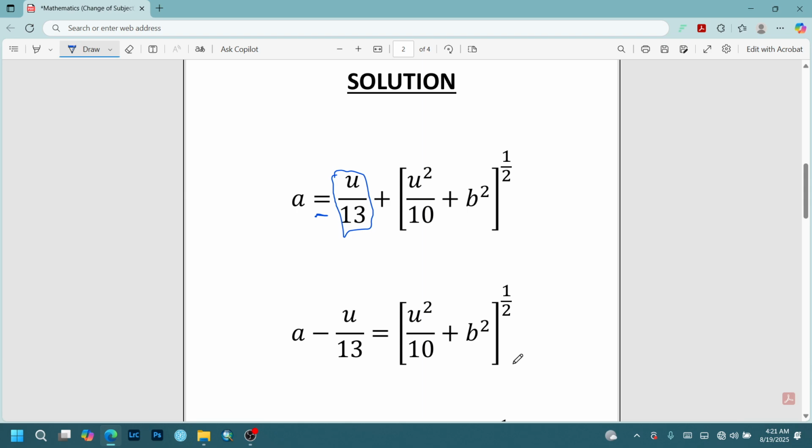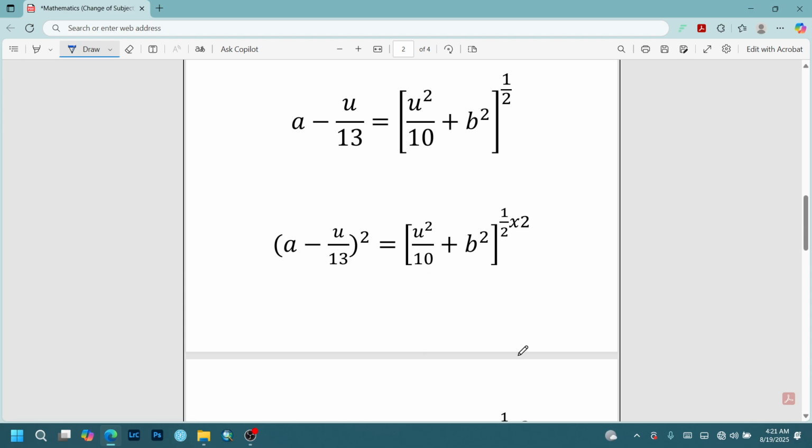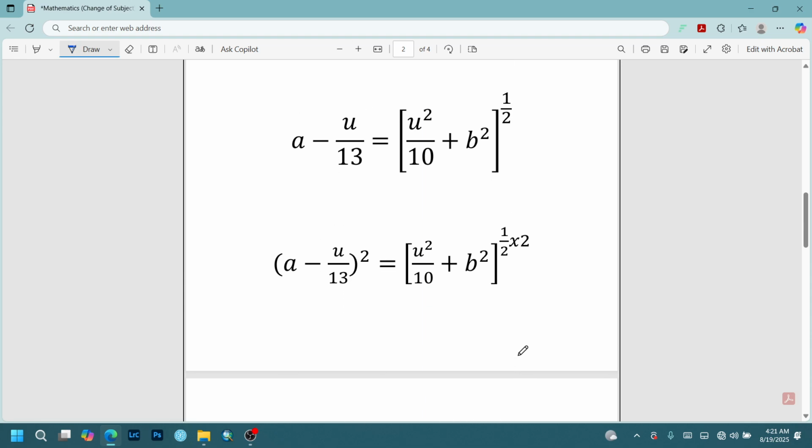That means we have to do the same for the left hand side, which is A minus the fraction U over 13. So we square both sides, and we are going to have our new equation to be, in brackets, A minus the fraction U over 13, squared, equals, in brackets, the fraction U squared over 10 plus B squared, raised to the power 1 over 2 times 2.